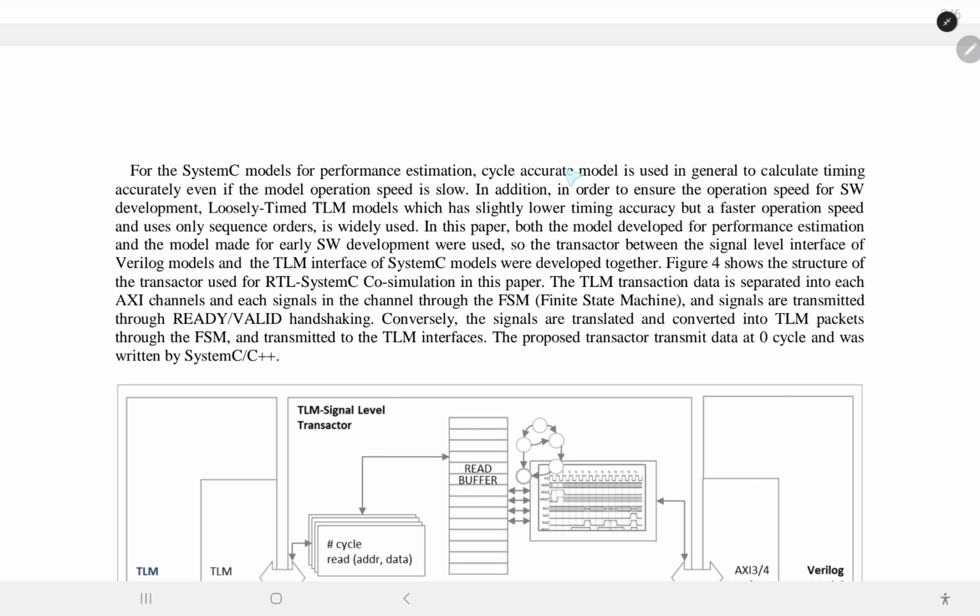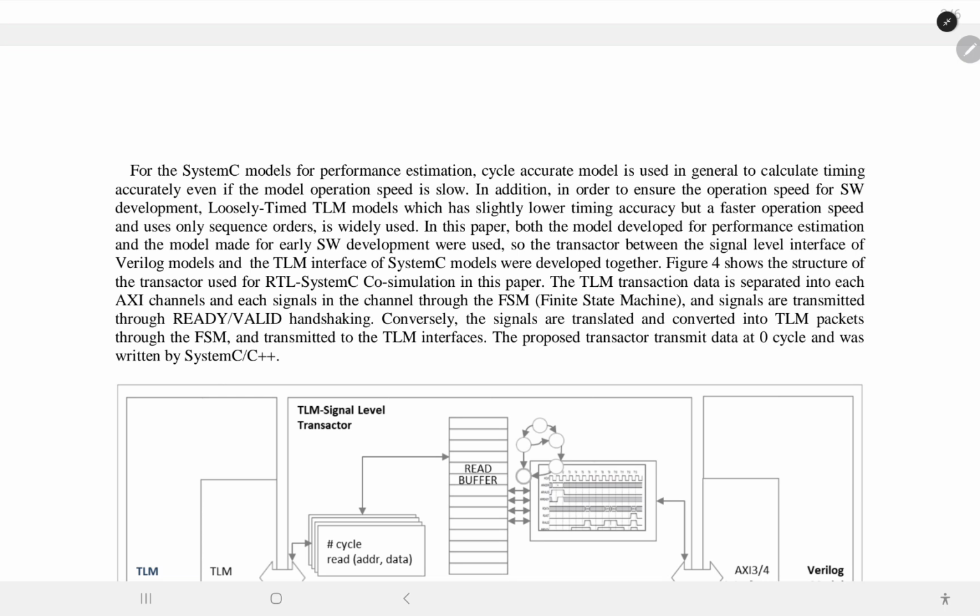In addition, in order to ensure the operation speed for software development, timed TLM models, which have slightly lower timing accuracy but a faster operation speed and use only sequence orders, are widely used.